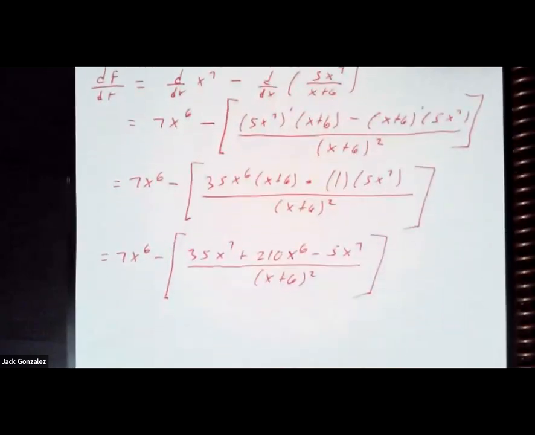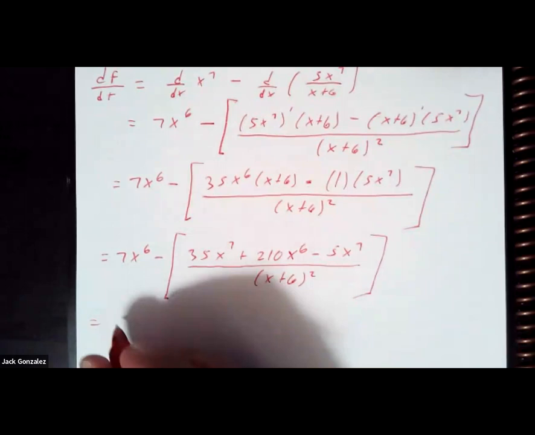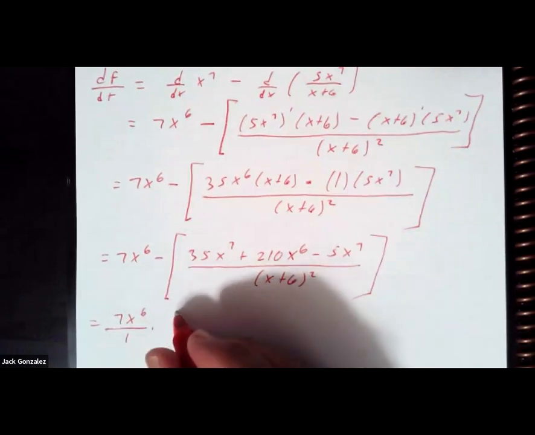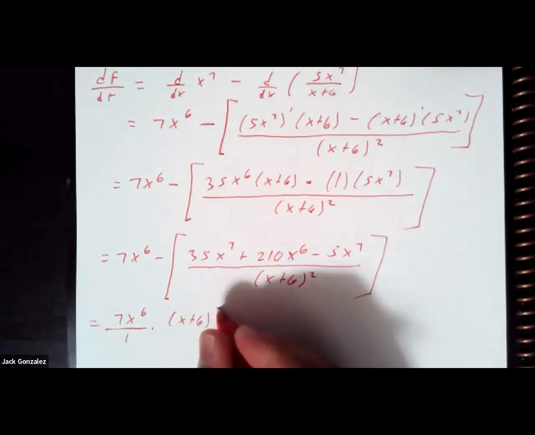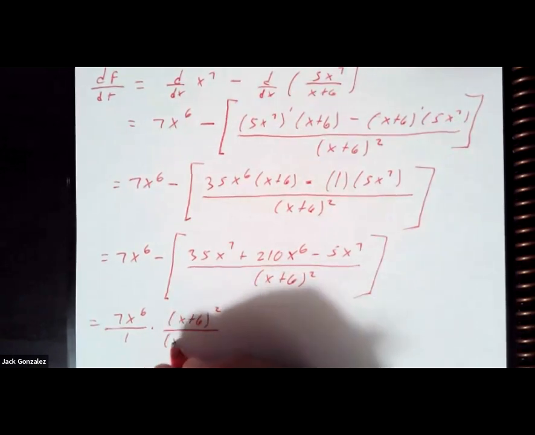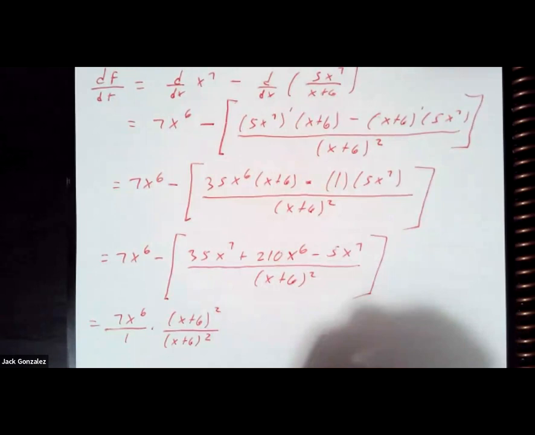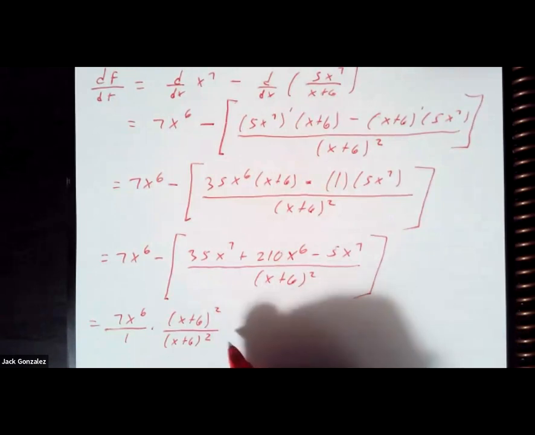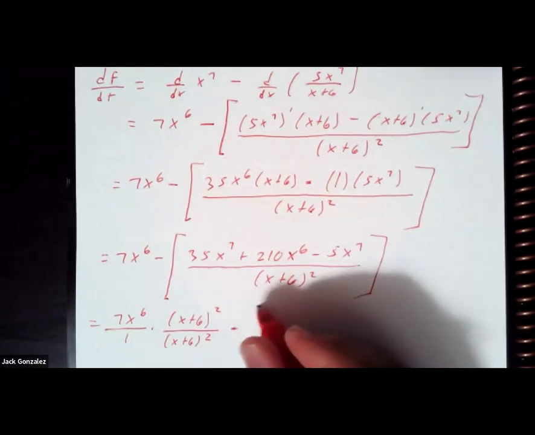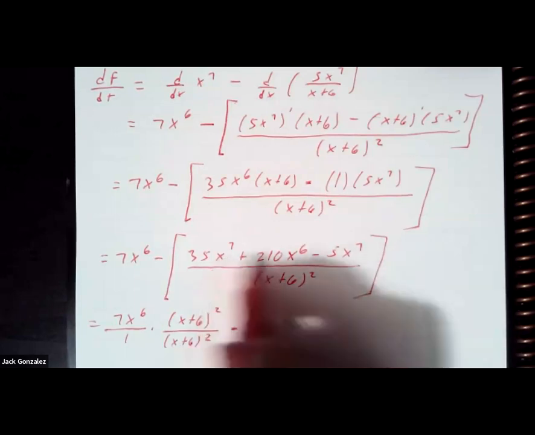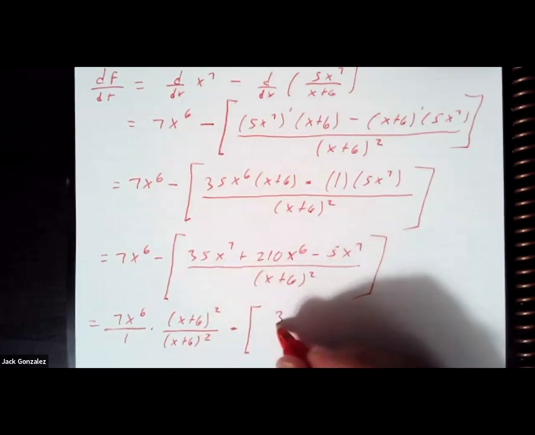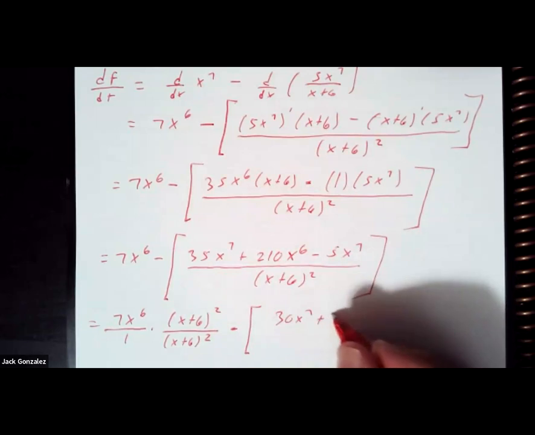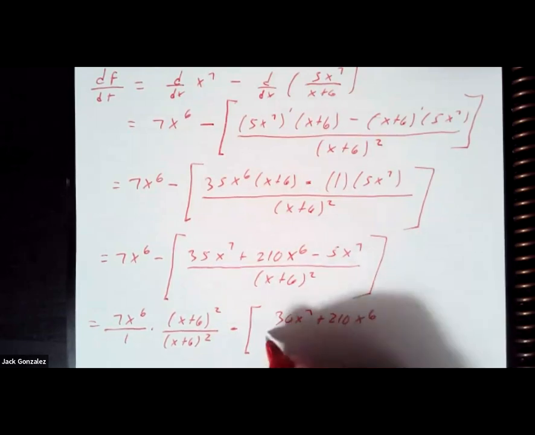This will need an x plus 6 squared in order to add them, right? So multiply by that LCD, minus 35 minus 5, that would be 30 plus 210x to the 6.